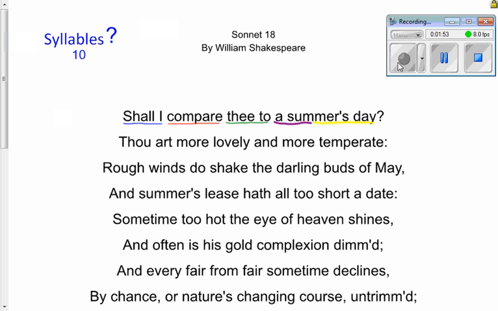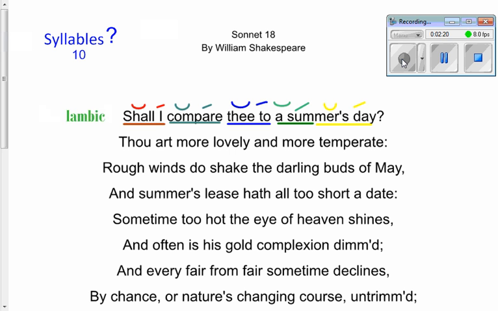And that's going to lead us into our next feature of a sonnet, which is the meter. So now we get into the meter of a sonnet, the style of writing and the cadence of the poem. So this poem has 10 syllables and there are 5 meters of poetry in each line.